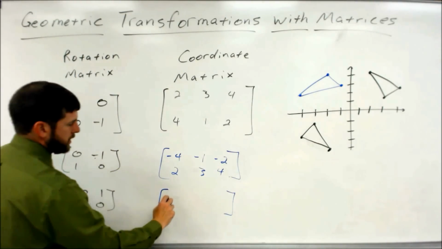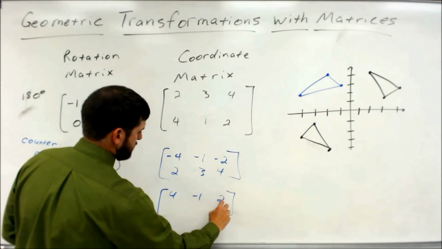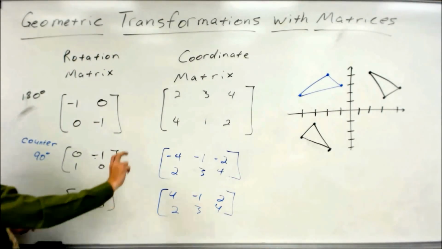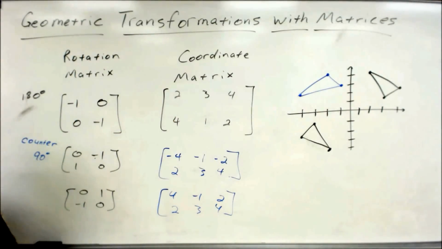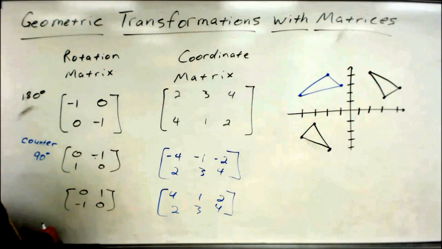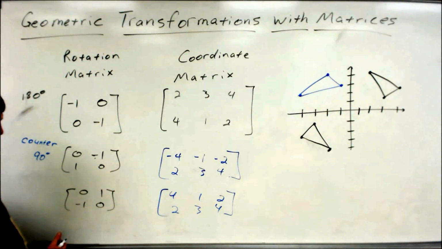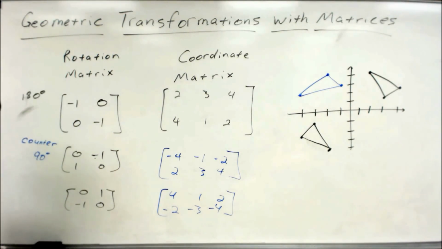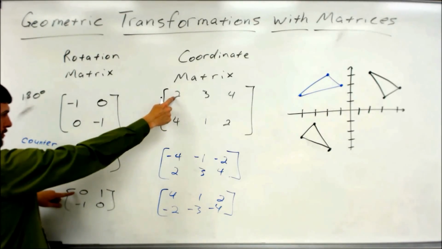So we know that it's going to be 4, -1, 2, 2, 3, 4. Swapping the rows of the identity swaps the rows of the original, and the negative is on the second row, so that would put the negative on the second row values. Go through and do the math if you need to.